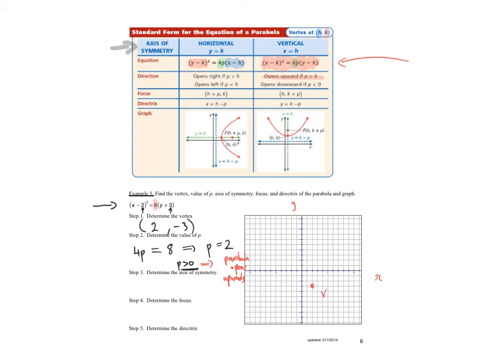We know the parabola is going to open upwards, something like this. So let's draw that little sketch for ourselves. I know what p is, so I know where the directrix and the focus should be. So I should go 2 up to get to the focus and 2 down to get to the directrix.